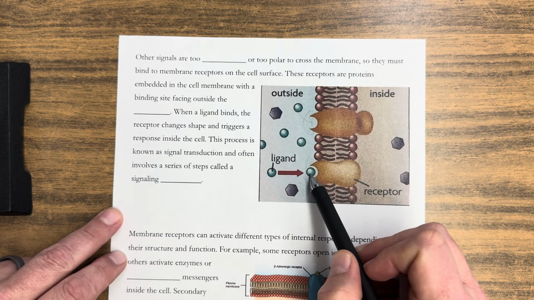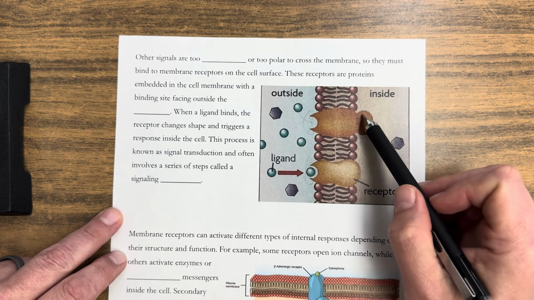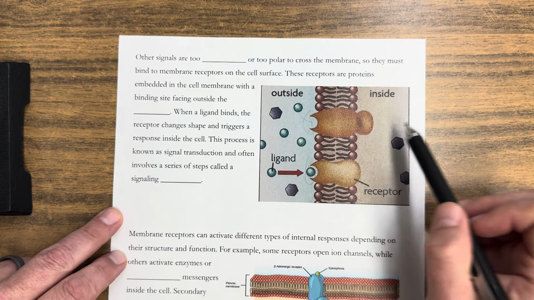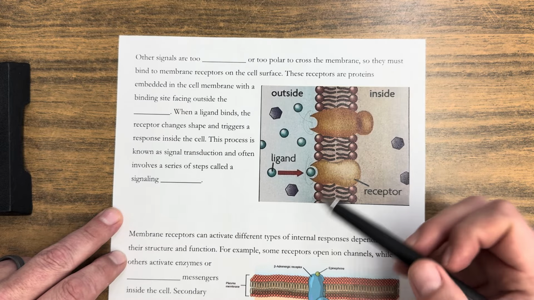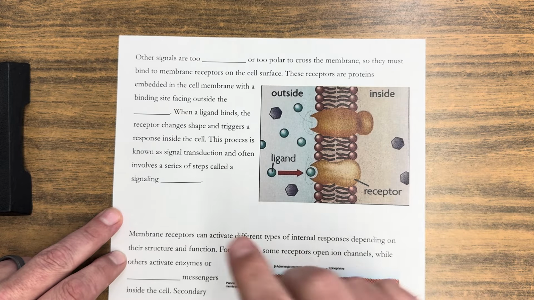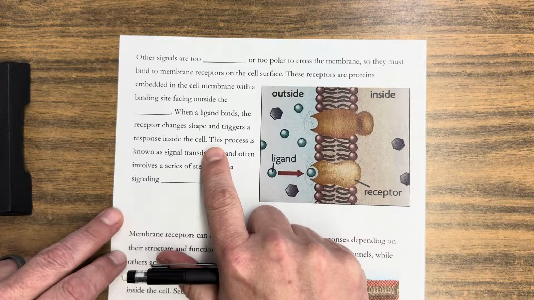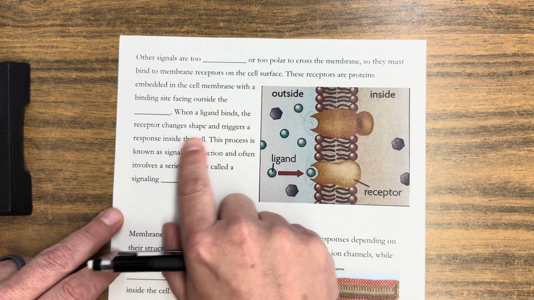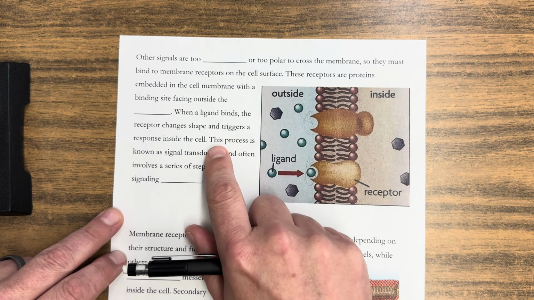And then when the ligand does attach, it has released this to go send some kind of message, to continue the message inside of the cell. That's the changing shape and triggering a response inside of the cell.